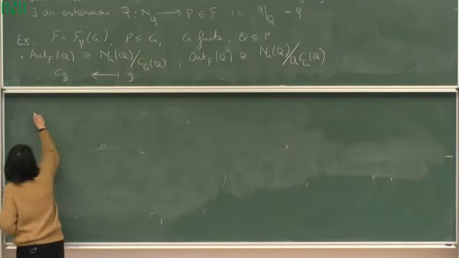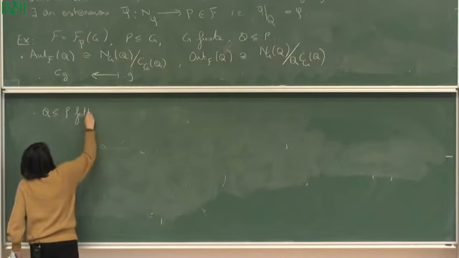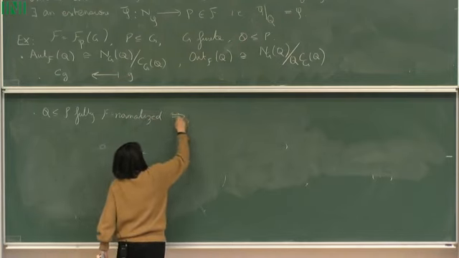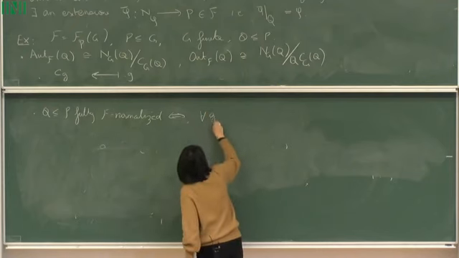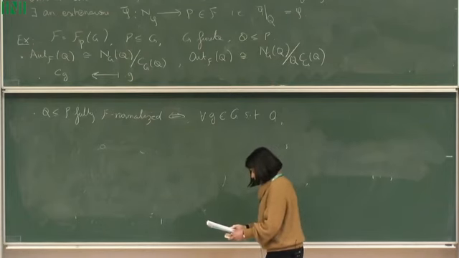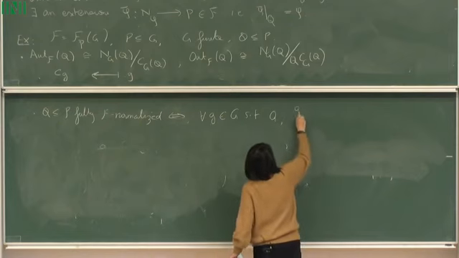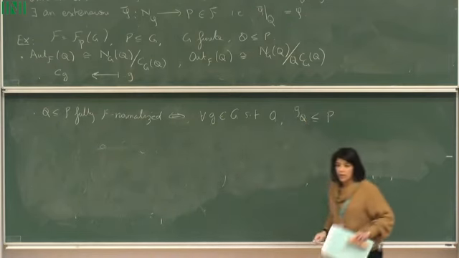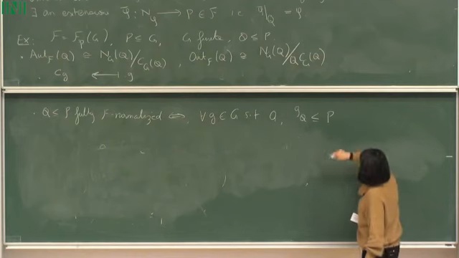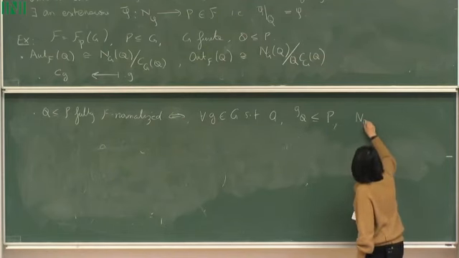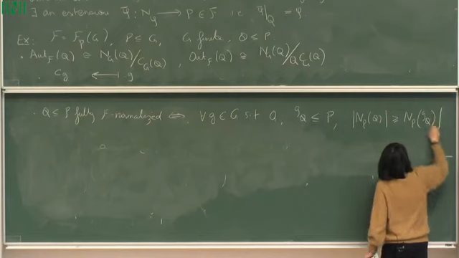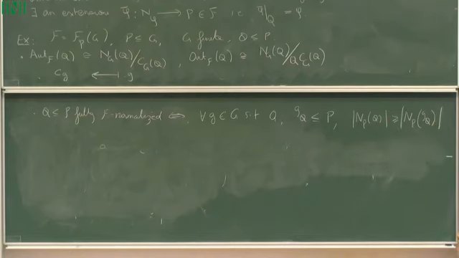This just means that for every g belonging to G such that Q and its conjugate gQ, so both Q and its conjugate by g, are contained in P, we have that the normalizer in P of Q is bigger than or equal in size to the normalizer in P of gQ.